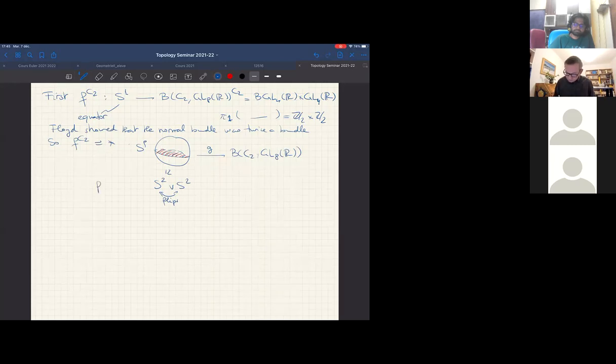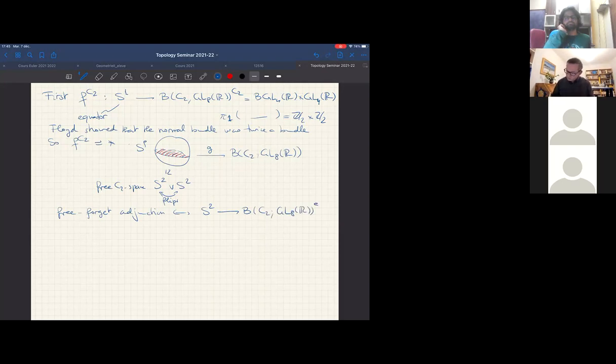So this is a free C2 space, and my map G can be seen as a map from this free space to this equivariant space, and by the free forgetful adjunction, we are left studying S2, the space out of which we constructed this free C2 space, to the classifying space, but where we forget the action.